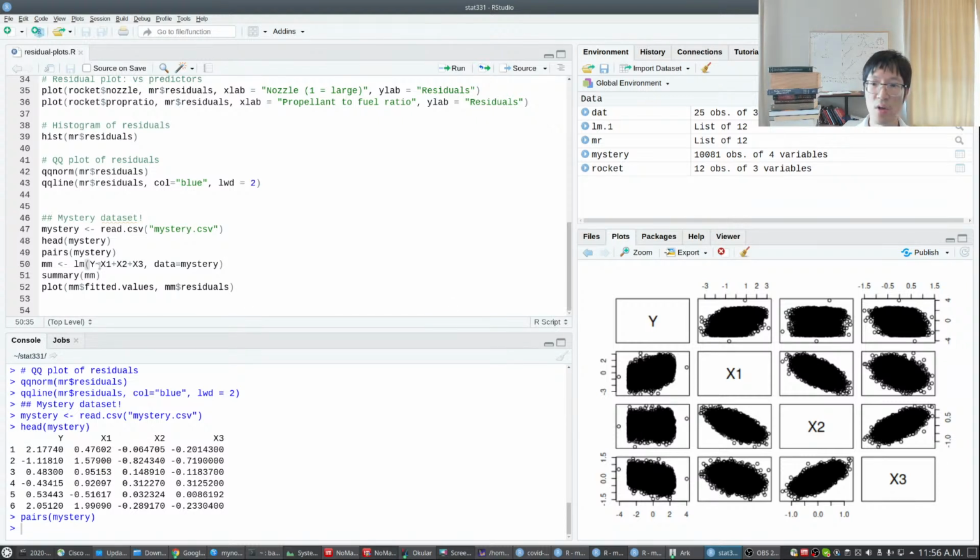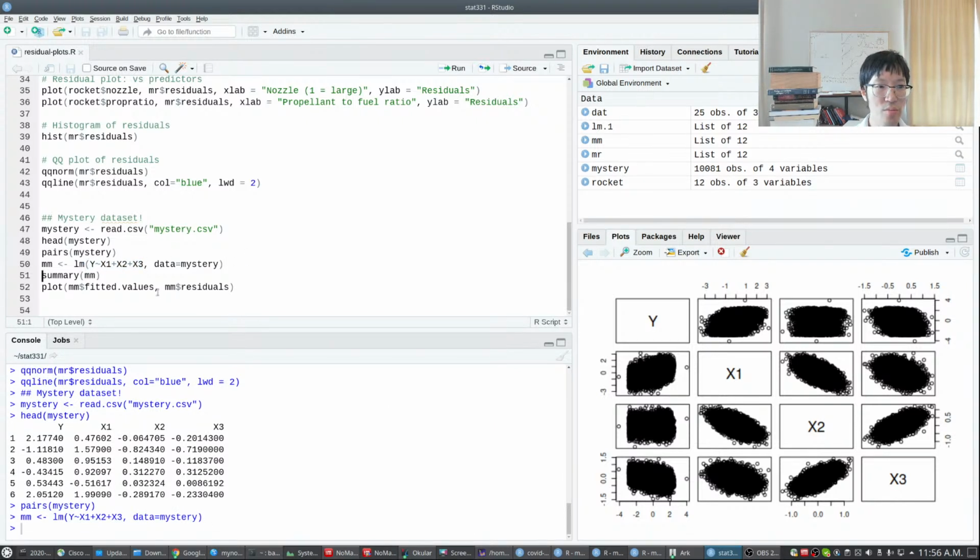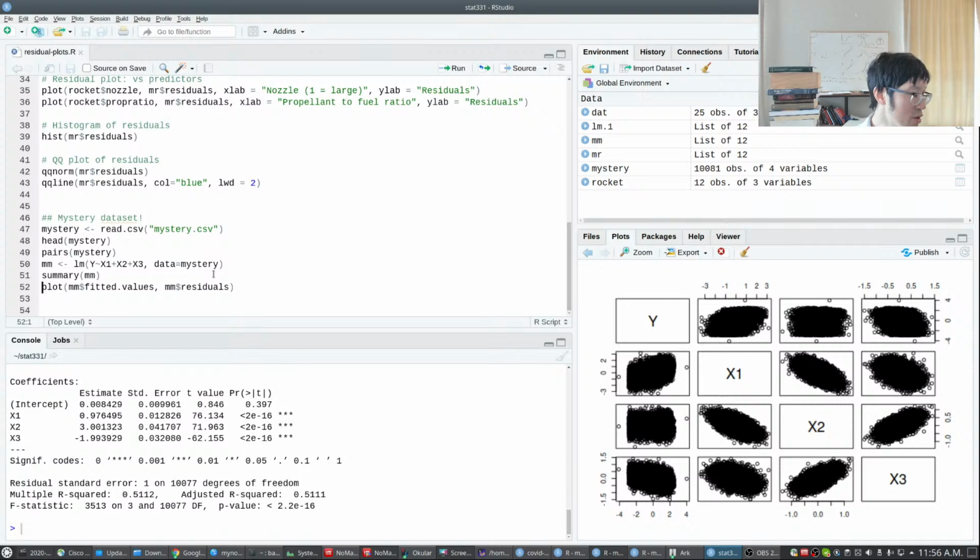So let's fit a regression model of y on these 3 predictors, and we look at summary. So it turns out all the predictors are highly significant, and so this looks like a pretty decent model with 3 significant predictors and an R-squared of around 0.5.